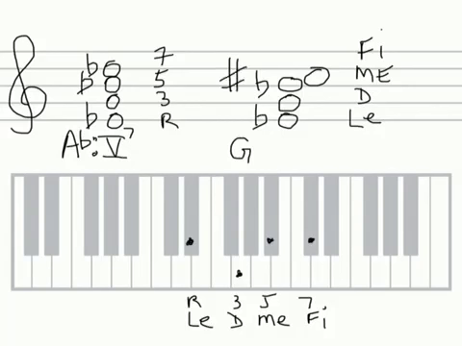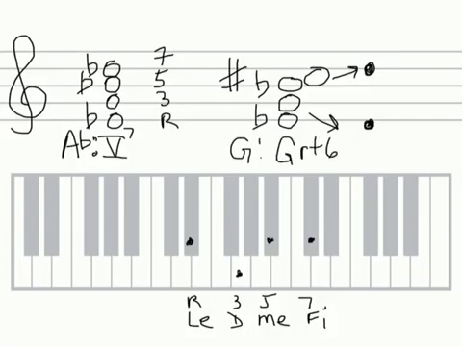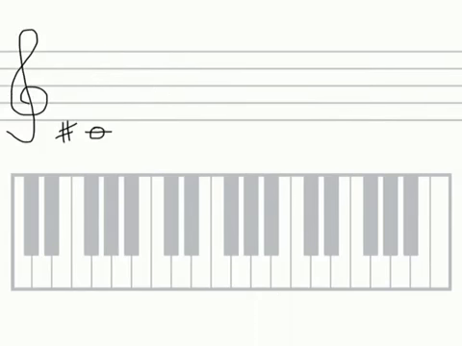And we spell it that way so that the C sharp and the E flat can resolve out to D, which is sol in the key of G. So they would resolve here, C sharp to D, and here, E flat to D. So in G, this is a German augmented sixth chord. And it can be a German augmented sixth chord in G major or in G minor, because it's lay, do, mi, fi, either way. Let's do one more.